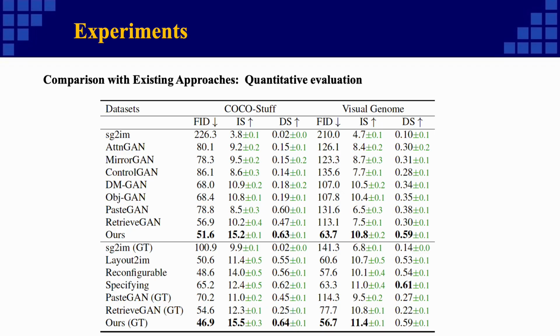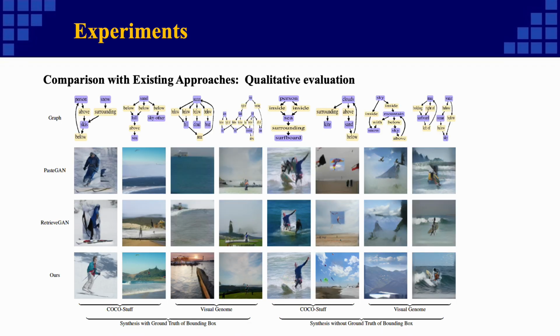First, bounding boxes of objects are predicted by the models. Second, ground truth bounding boxes are given as inputs in addition to the scene graph. The results of those 2 settings are shown in this table, and our method has better performance in both. We also show the results on the CocoStuff and VG datasets with the 2 settings of using predicted and ground truth bounding boxes, and those show the effectiveness of our framework.